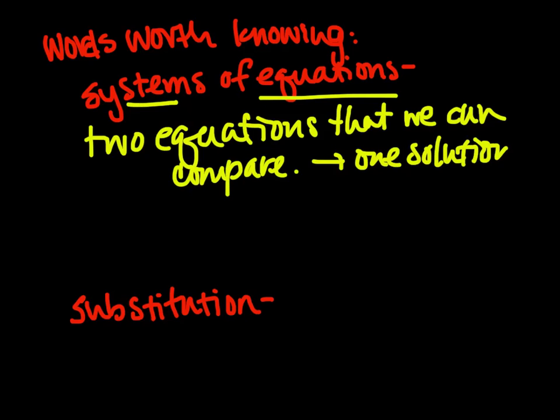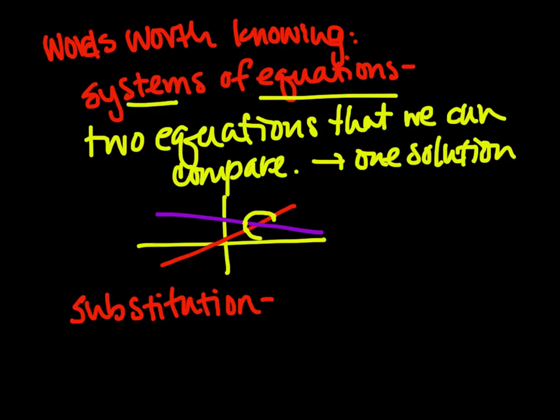And that one solution is, if we were to graph one of them and graph the other one, where those two lines cross, and understanding what that point means. So typically we'll end up with an x-y coordinate pair, which tells us that this is where these lines cross and this is the solution.